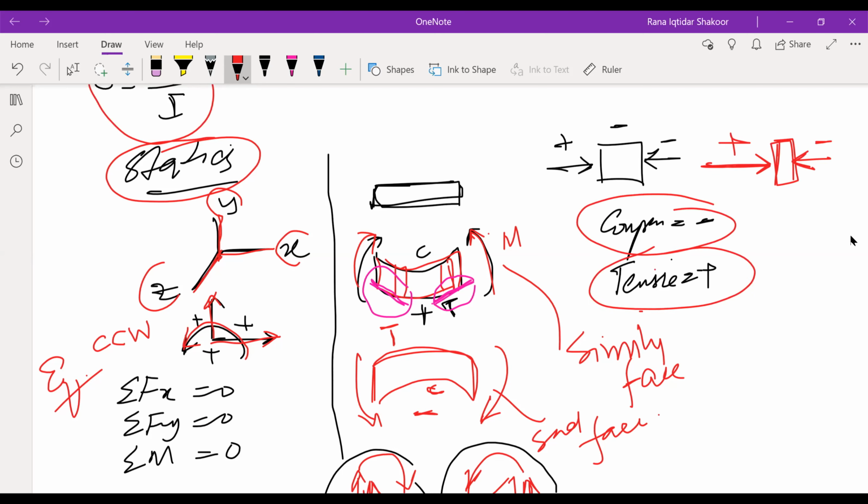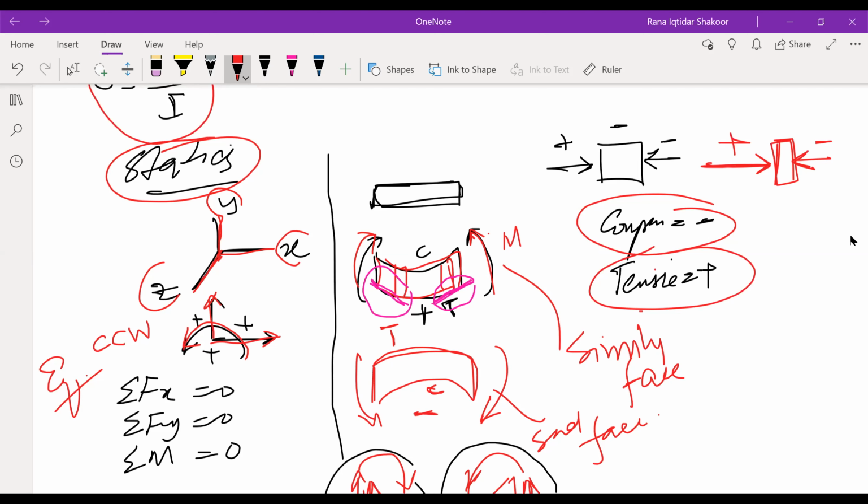So statically, if a force is positive, it never means that it will be a tensile force or a compressive force. You'll have to see that an equivalent opposite force is applied on the other side, and then you will decide whether it is a compressive force or a tensile force on it, right? Good. We move forward a bit.